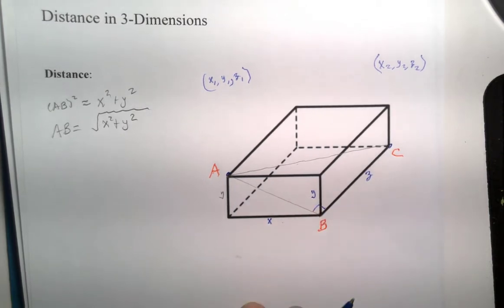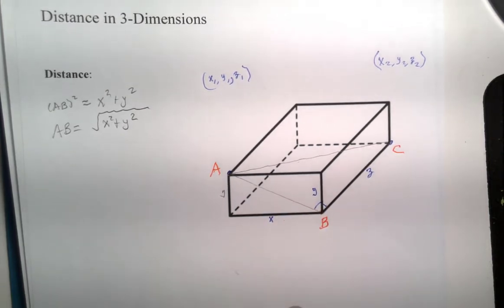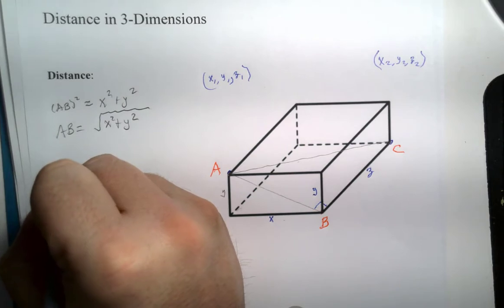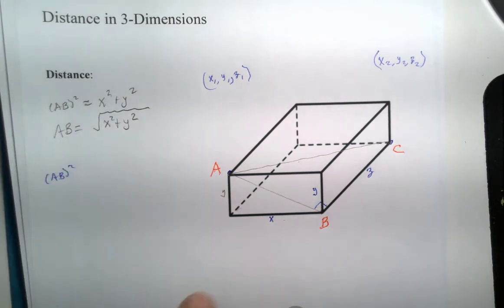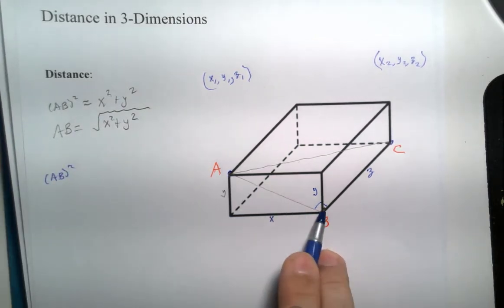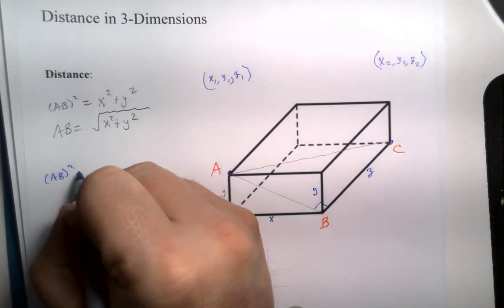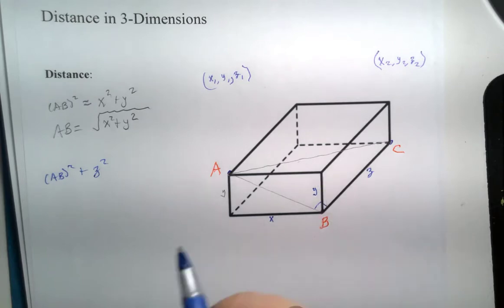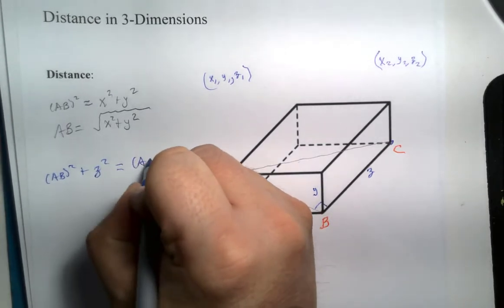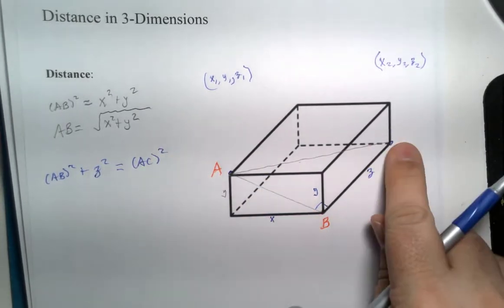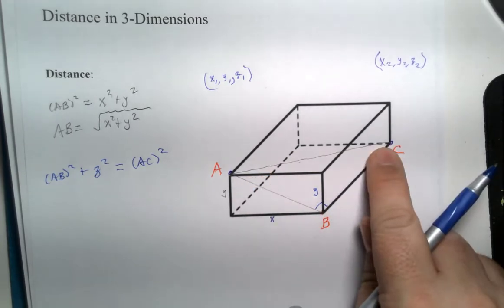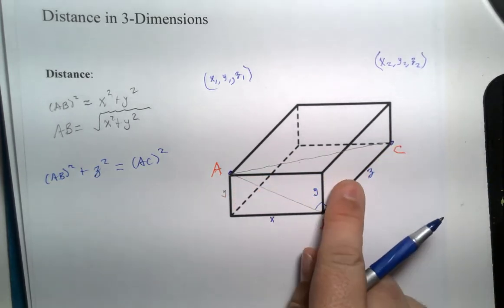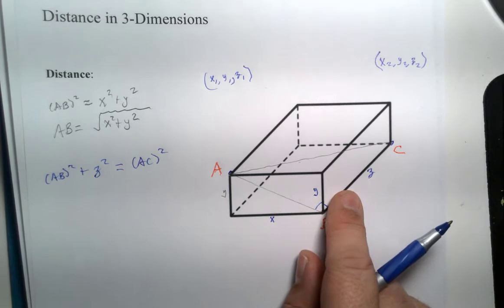And I could then say by observation that AB squared, this distance from here to here, plus z squared is equal to AC squared, which is the hypotenuse of this three-dimensional right triangle that I've got back here.